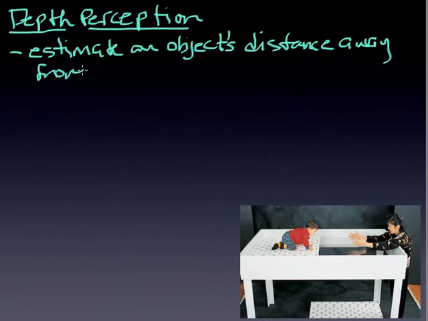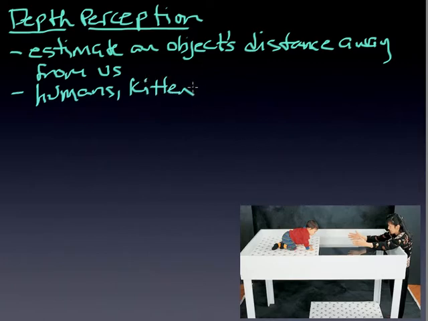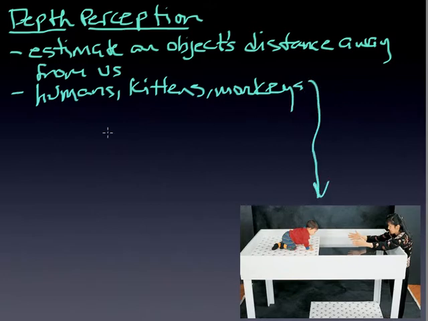Our depth perception apparatus manages to do a calculation, if you will, and for some species and organisms, from humans to kittens to monkeys, we have discovered through the use of what we call a visual cliff, that this depth perception appears almost to be innate.